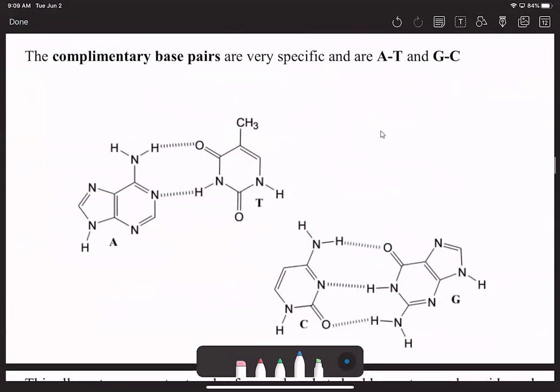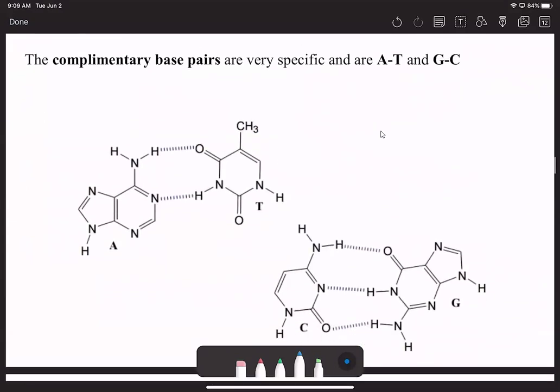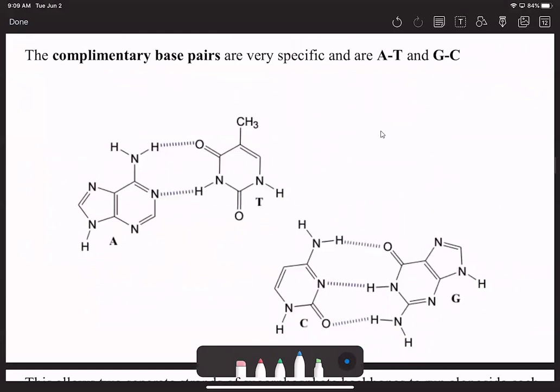So when we're looking at these primary structures, these bases all contain hydrogen, and they also contain partial charges. Let me draw that a little better.